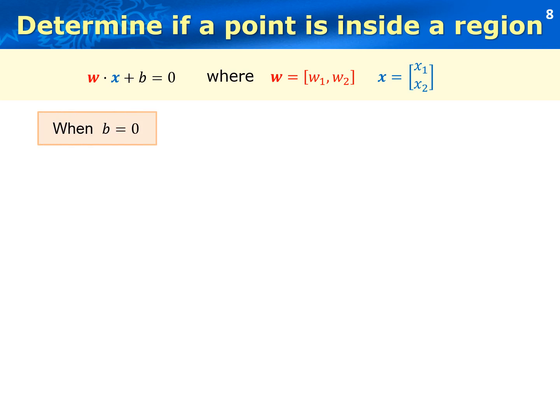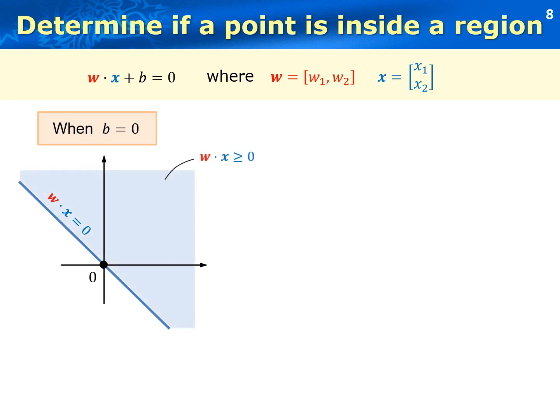In this case, w times x equals 0 is a straight line across the 0 point. The positive blue region is above this line, in which any point x satisfies w times x greater than or equal to 0.